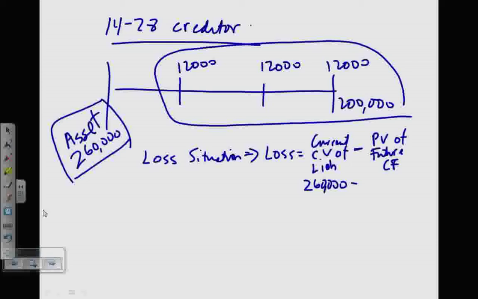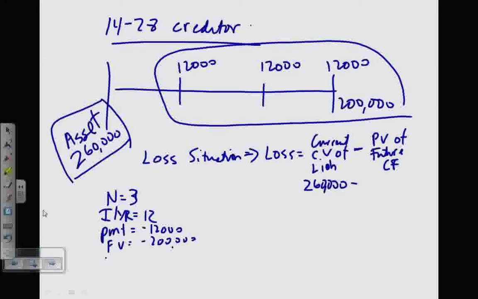To come up with the present value of those future cash flows, n equals 3, interest rate per year, you have to use the old effective interest rate, even though you've modified the terms and lowered the stated rate to 6%, still use the old effective interest rate of 12%. The payments are negative 12,000, the future value is negative 200,000.